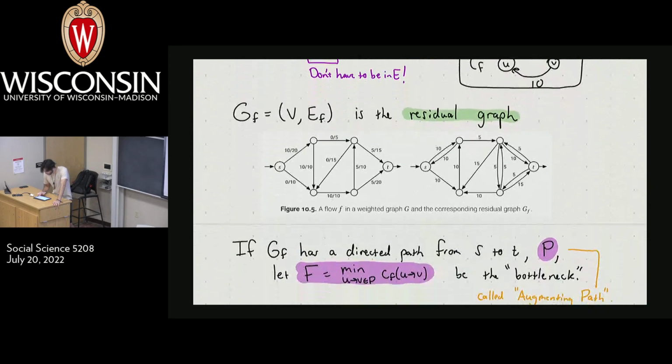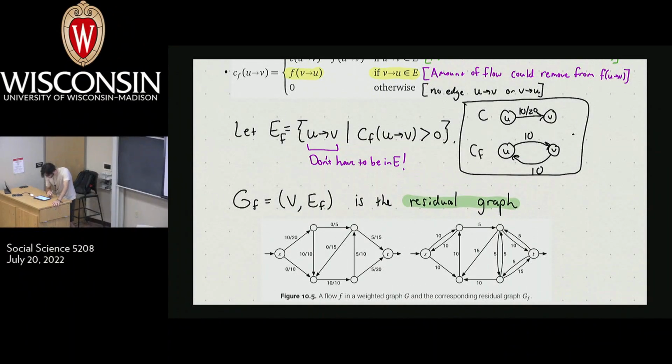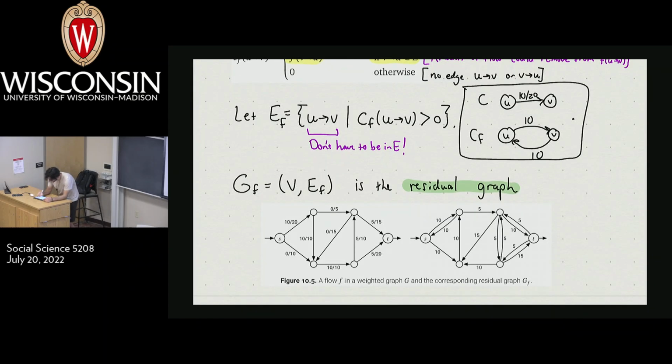So why is the residual graph useful? Here's an example of a residual graph with some flow on it. This is the same flow from before. I highlighted in blue all of the edges that have positive flow.